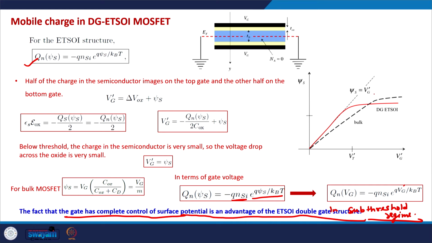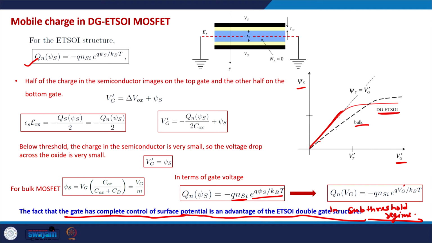And if we compare the plots for bulk MOSFET and DG-ETSOI MOSFET for psi s versus Vg, what we see is that below threshold voltage in DG-ETSOI MOSFET, psi s and Vg prime are essentially one and the same. In the case of bulk MOSFET, below threshold voltage, psi s closely follows the Vg prime line, but it is not exactly the same.